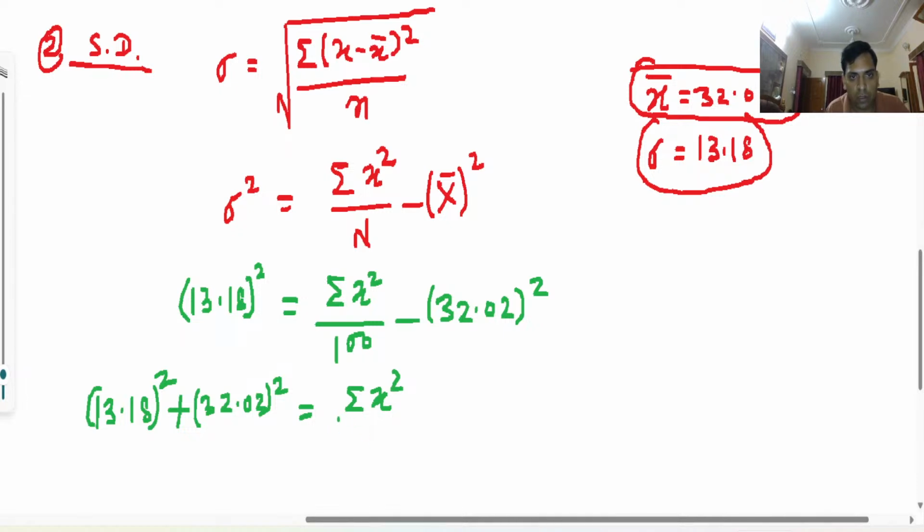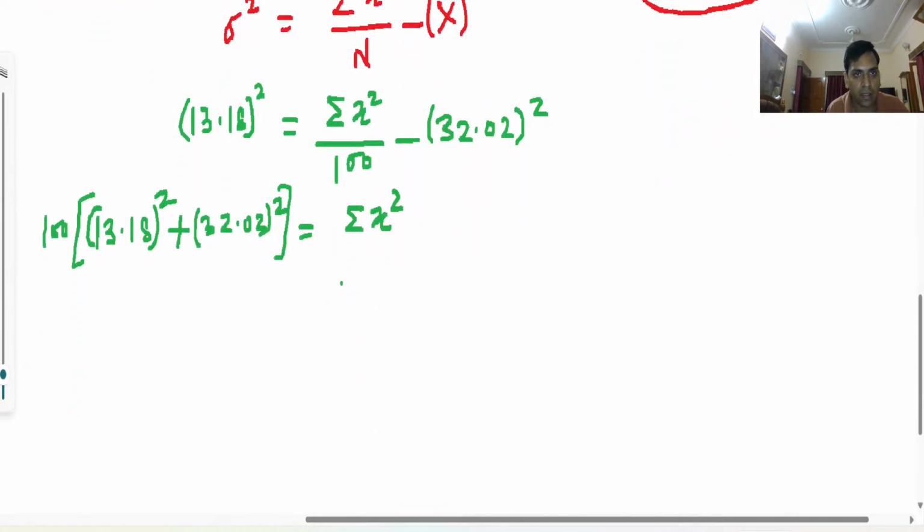So you can multiply this whole quantity with 100. So first we will find summation x square.